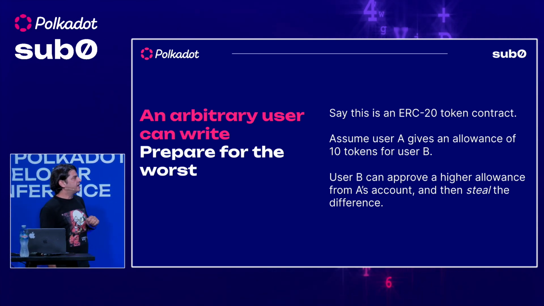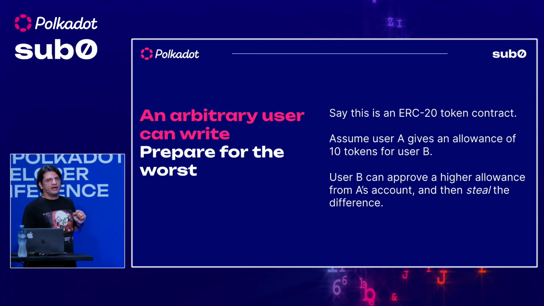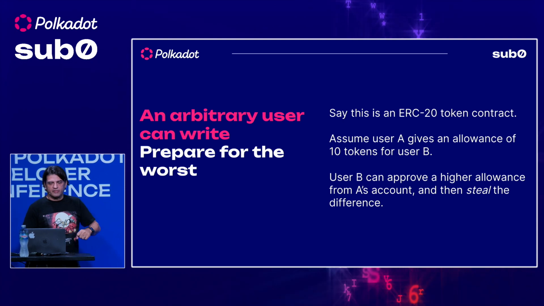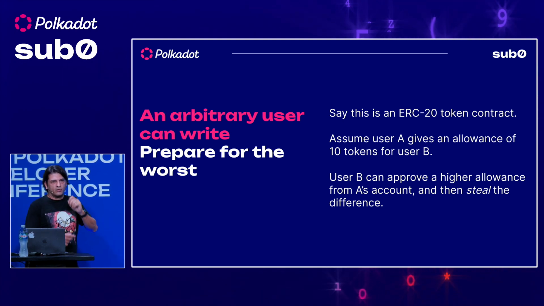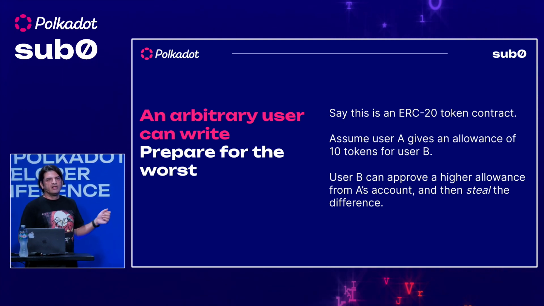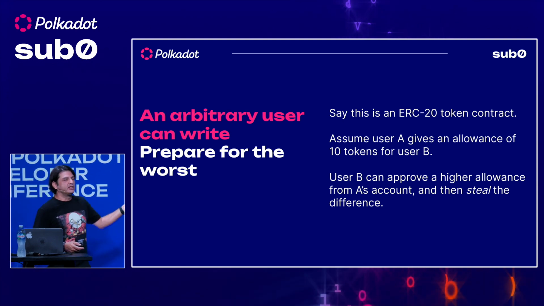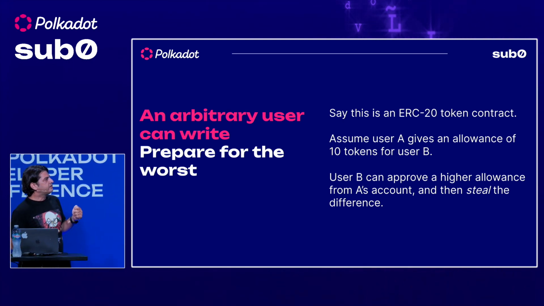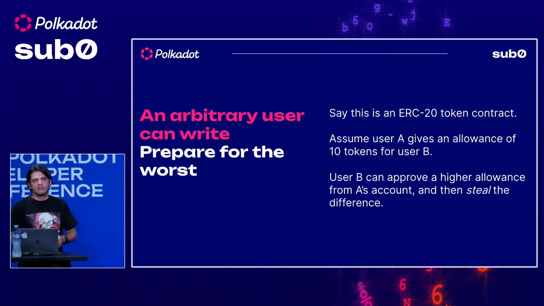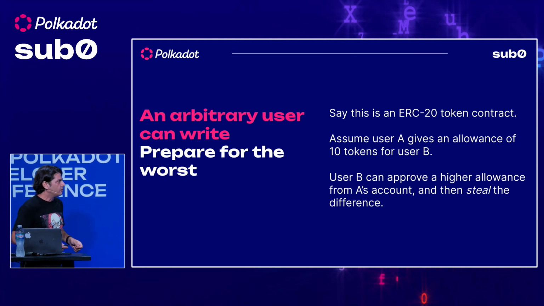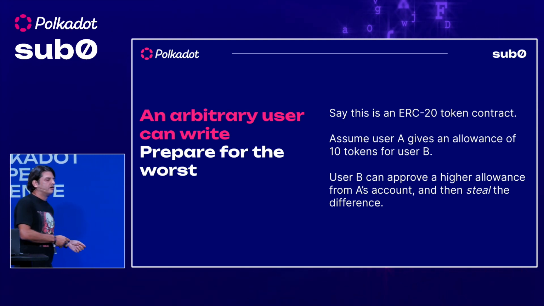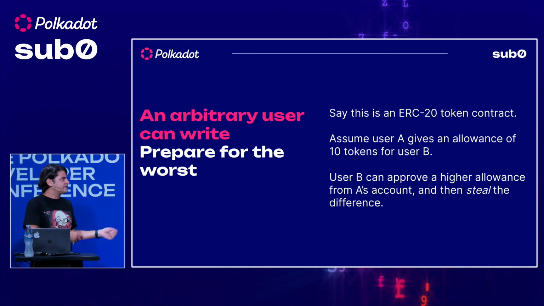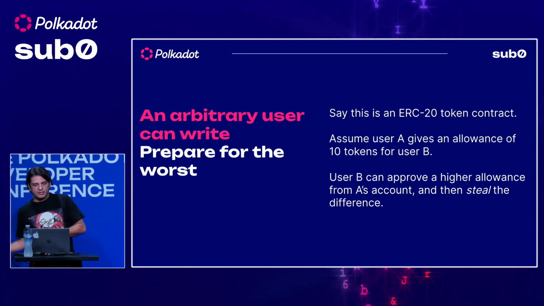Assume that Alice, user A, gives an allowance to user B of 10 tokens, or 1 token, it doesn't matter. But if user B is able to call this function, then he may be able to overwrite the 10 token allowance and make it something bigger, 100, 1,000, whatever he wants. All of the available tokens that Alice has, Bob can steal.